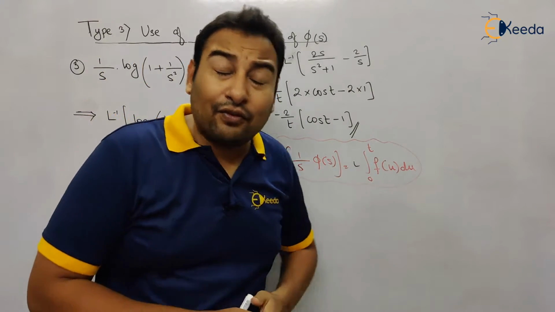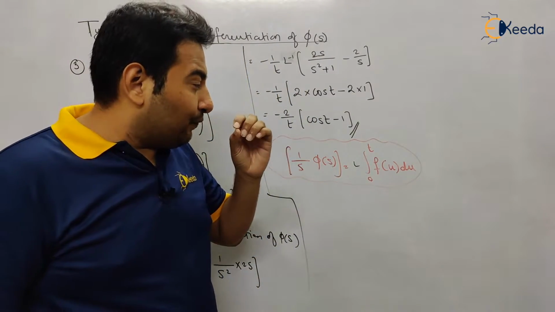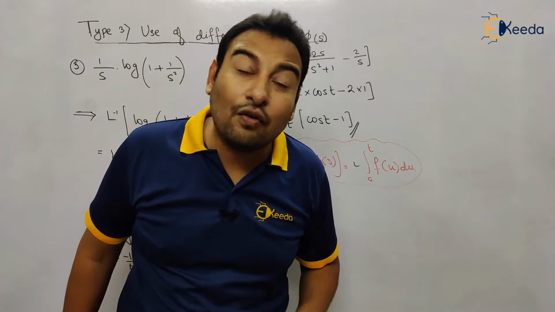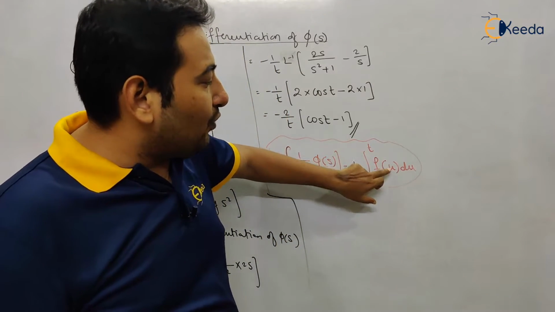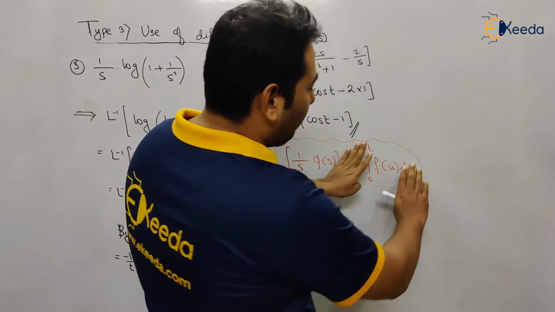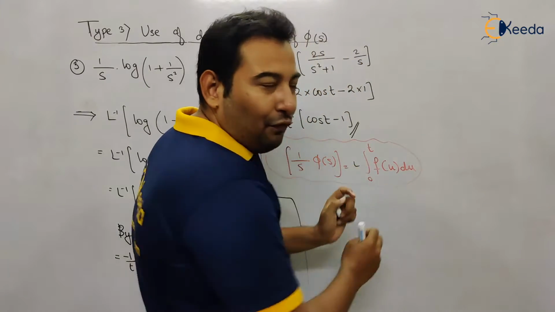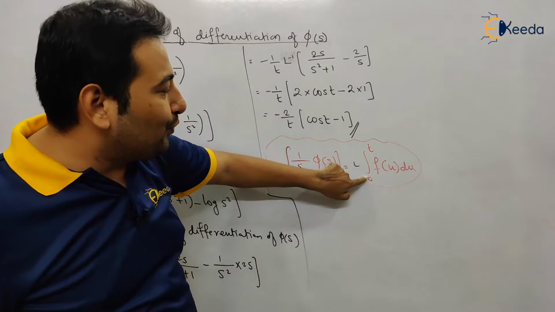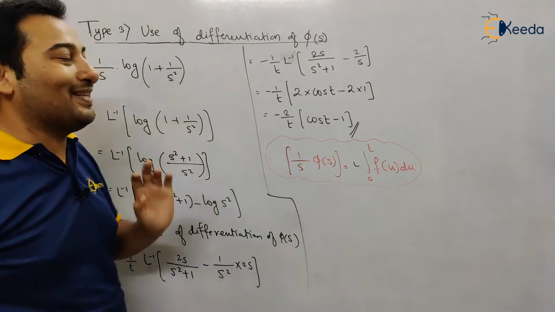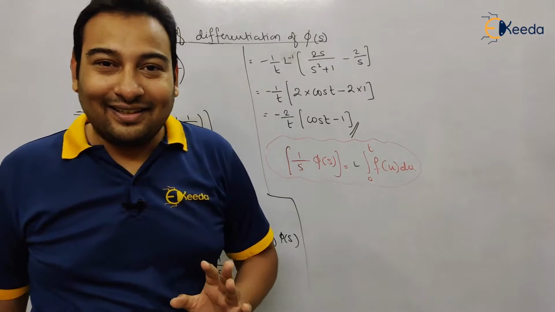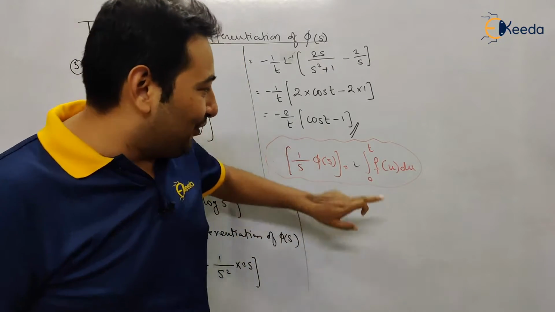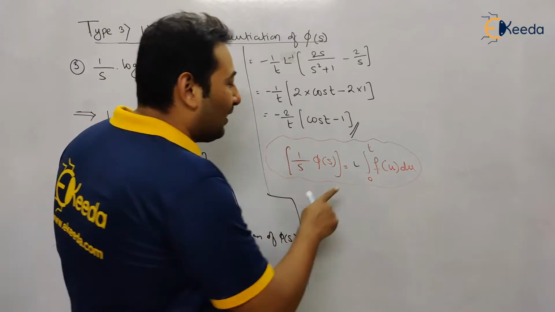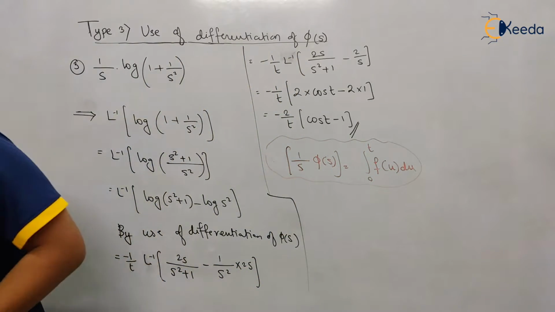And I've told you several number of times, whatever will be inside this integration 0 to t, we're gonna write it down in terms of u. Forget about this property. You are left with f of u. Its Laplace is phi of s, and due to this 0 to t, I'm going to write 1 upon s. That's it. Is this clear? So this is the formula that you need to remember.